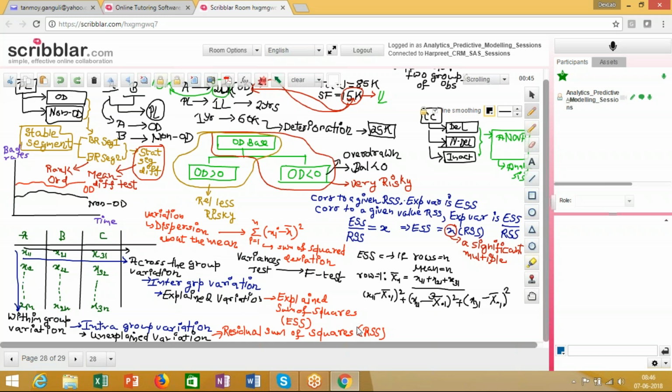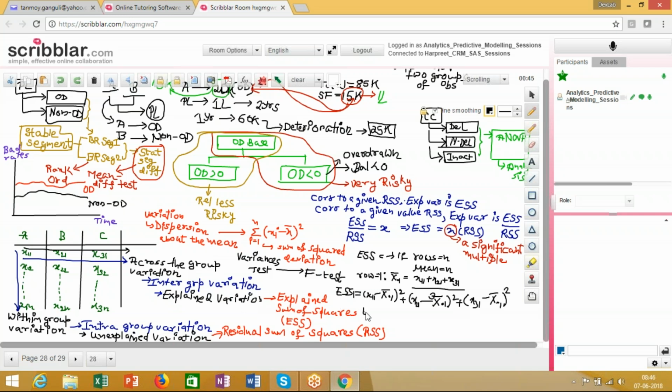So this is the explained sum of squares for row 1, right? This is ESS for row 1. Like this, we compute the ESS for all the rows.